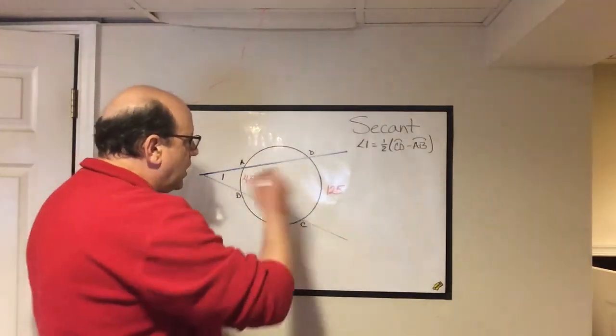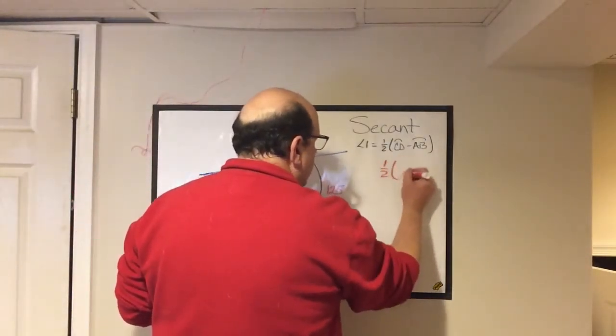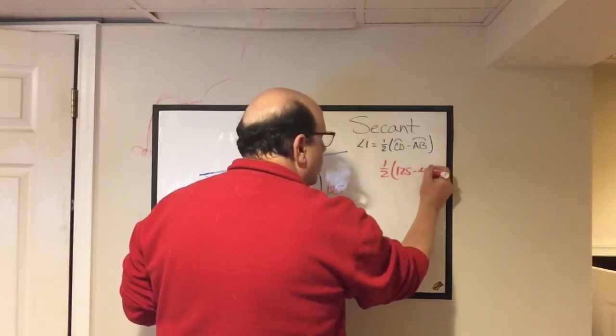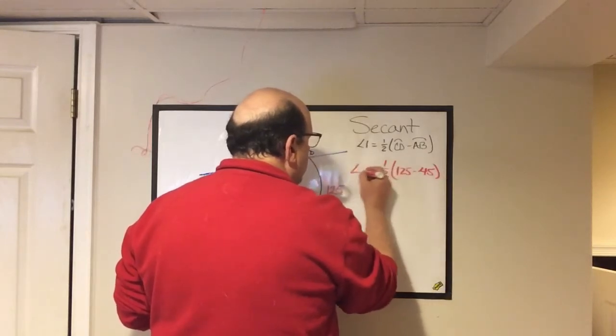And so angle 1 is 1/2 of 125 minus 45, and then that equals angle 1.